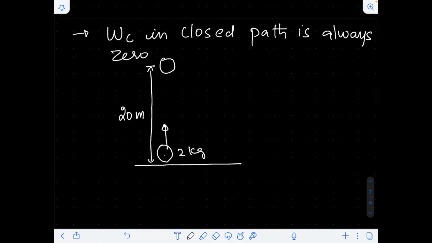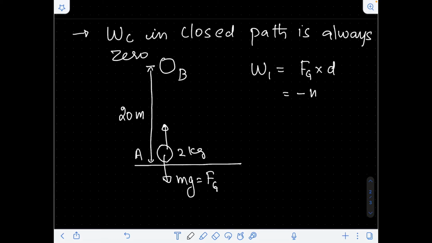Gravitational force, which is mg, is acting downward, but the displacement of the object is upward from A to B. So the work done by the gravitational force in taking the object here is force multiplied by displacement. The gravitational force is in the downward direction, so it is minus mg, and the displacement is upward, which is 20.